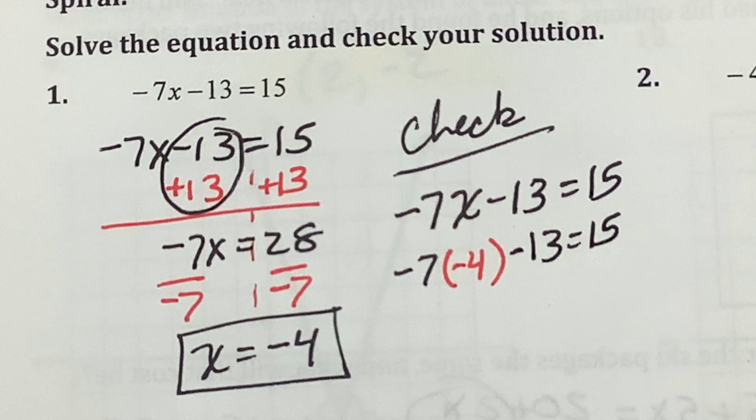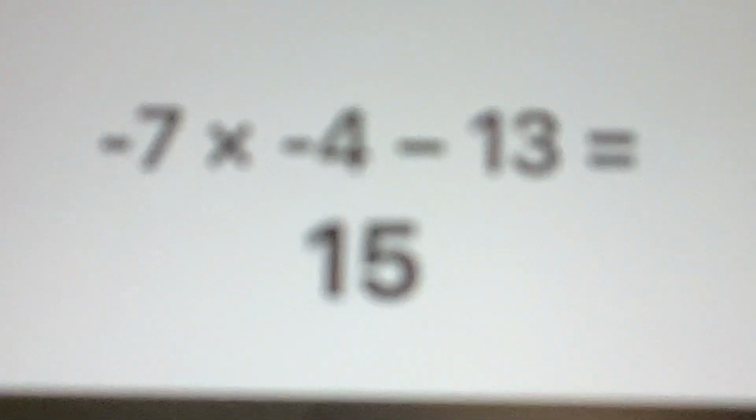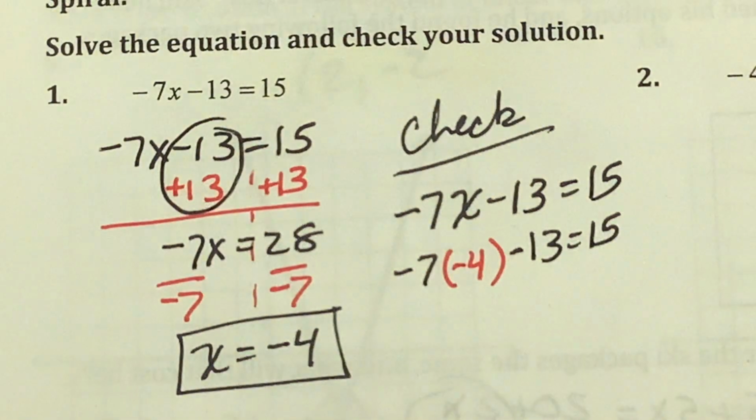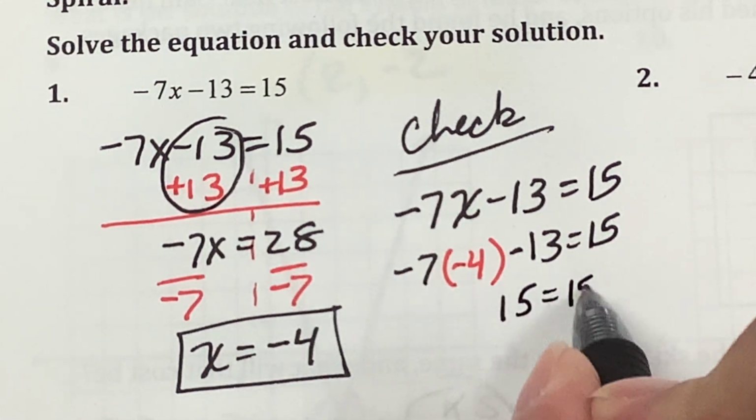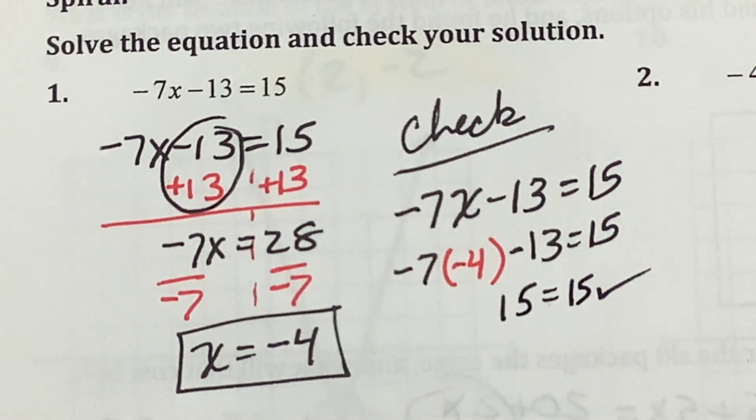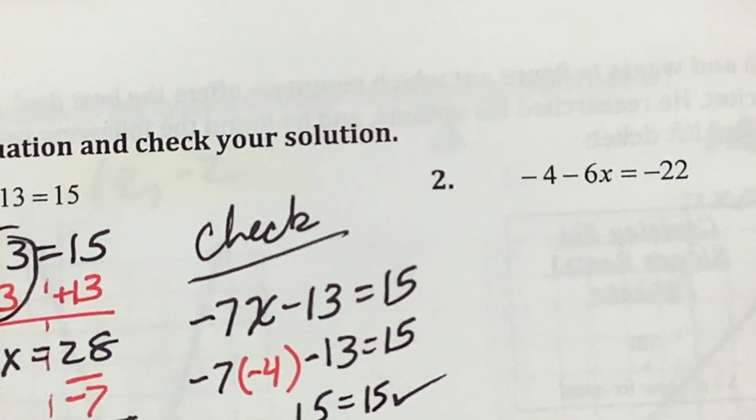Or yell at Siri. Hey Siri, what's negative 7 times negative 4 minus 13? Oh, look, she gave us the right answer, 15. Good girl, Siri. So, now I know 15 equals 15, check.